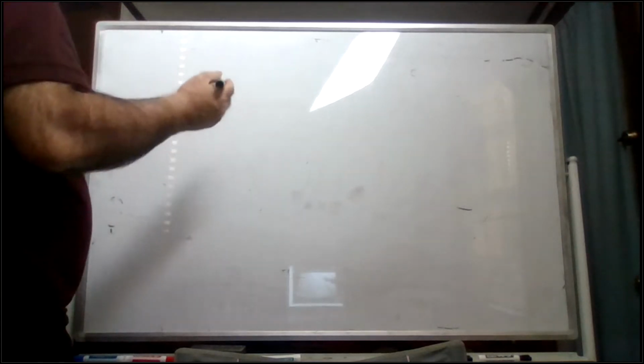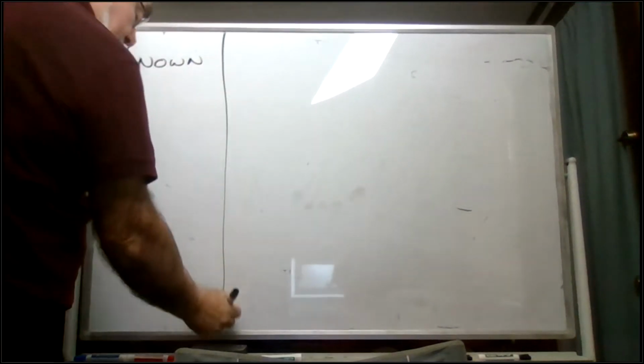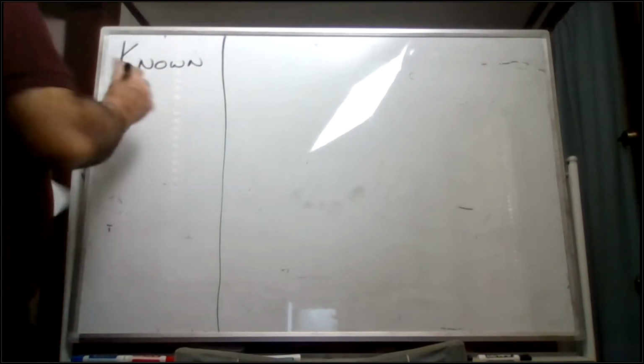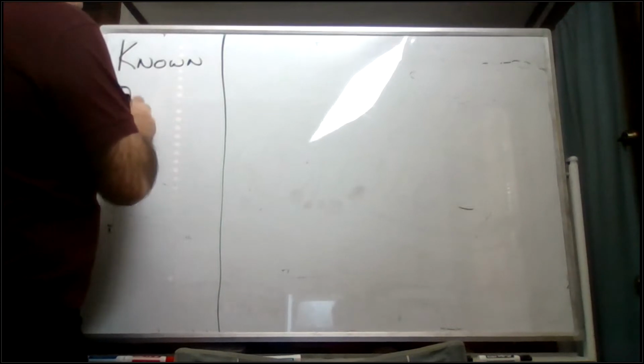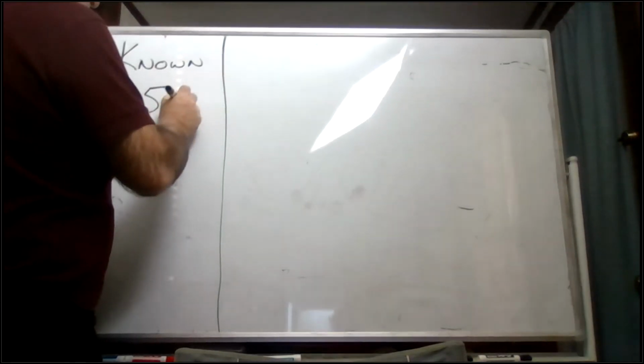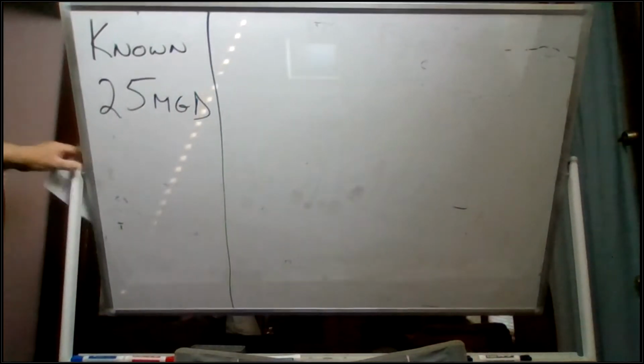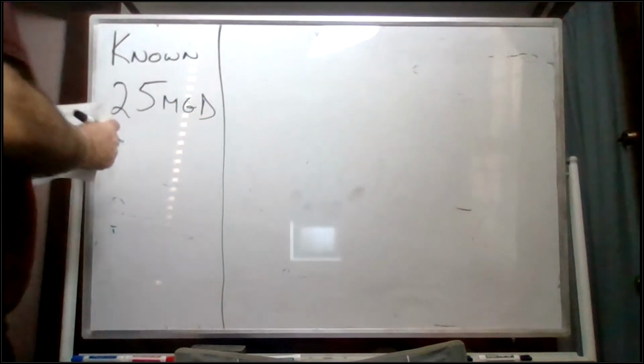What I'm going to do with this one is pull out the values. So I have a little column here called known, and I'm going to put the values that are in the problem. We'll read it again. An activated sludge wastewater treatment plant has a daily flow of 25 mgd. So I'm going to put that in there. And then I have to figure out if I'm going to use it. That's a little hint. And then it has 200 milligrams per liter, the influent.